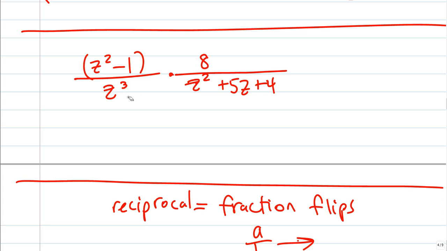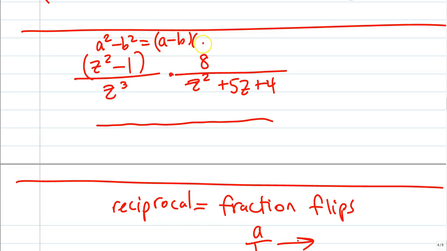What are we going to do? Well, we're going to treat this like one big fraction. But when I rewrite it, I'm going to go ahead and factor anything I can. So you have to start recognizing this is an a squared minus b squared from my previous notes. There's chapter 6 again.